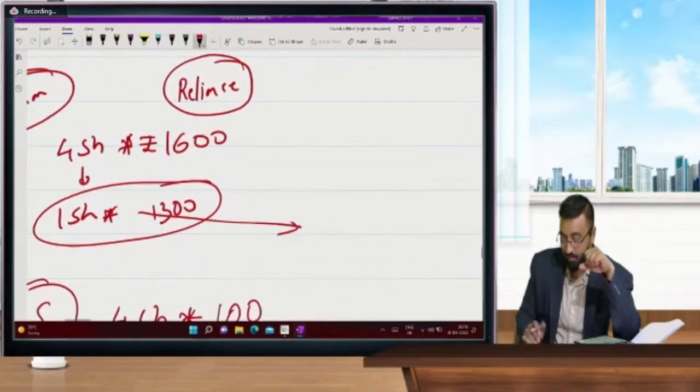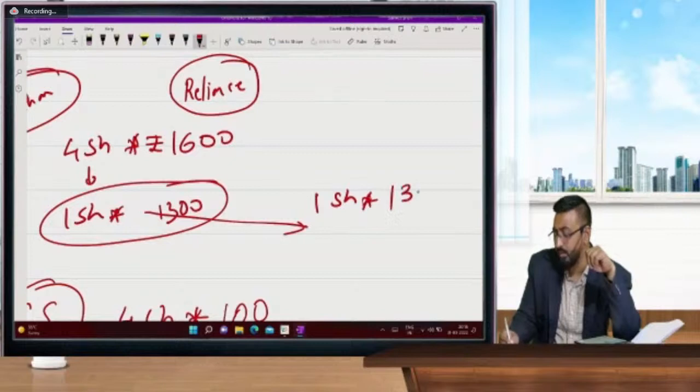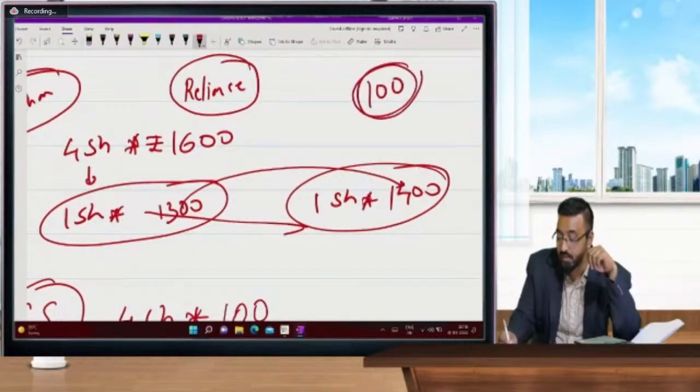Suppose we take his friend's name as Jasmine. He sold this right at rupees 1300 or 1400. Now see beta, he received 100 rupees from this.